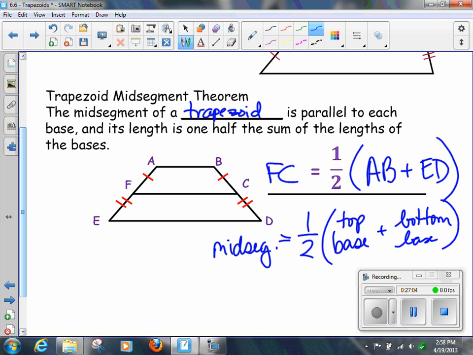Pretty simple. Now, how are we going to put that into play? Flip the page. Everybody have it? Top base plus bottom base.